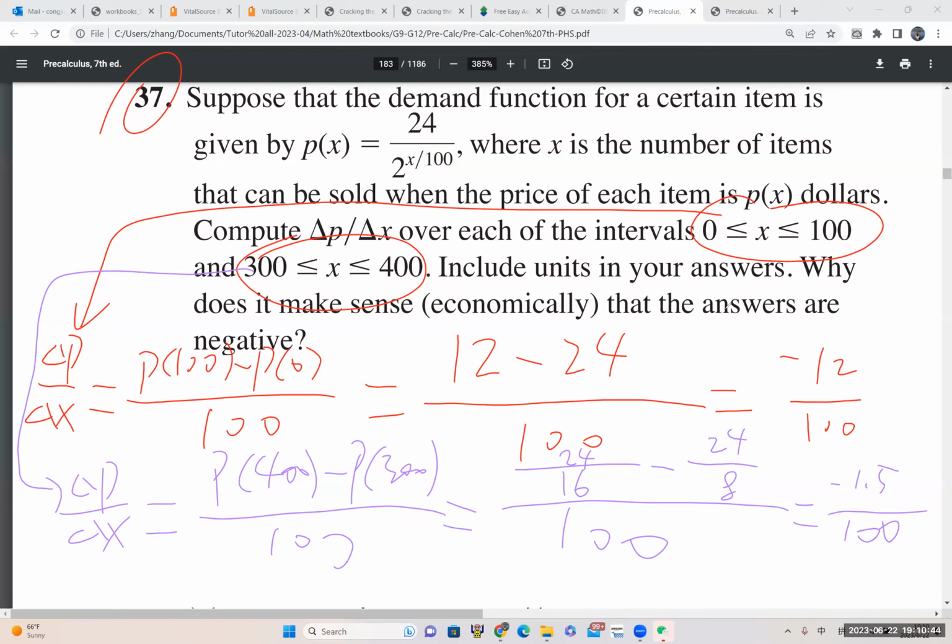Then talk about why it's always negative. For example, what can I use? How about this? If we have A greater than B, right? And of course x, the number of items, is greater than 0.